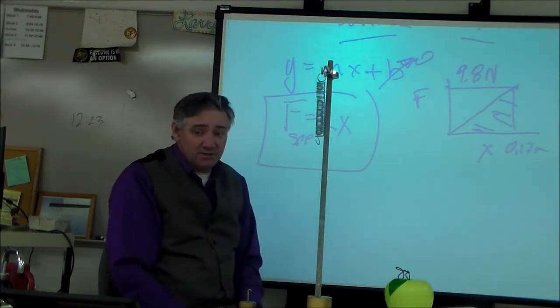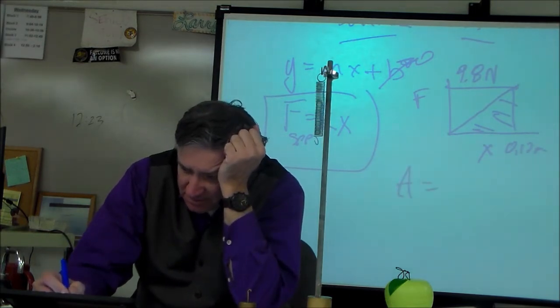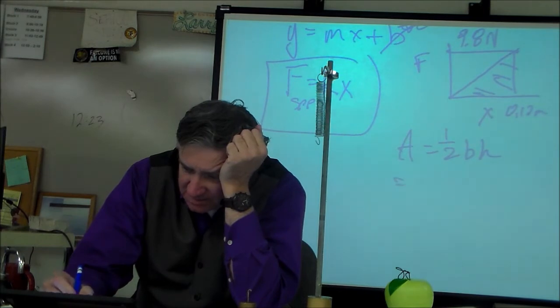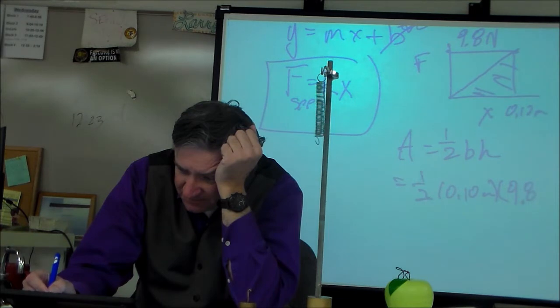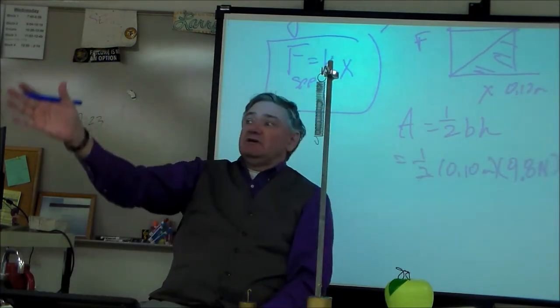Yes. What are you going to do? Area equals 1/2 base times height, right? So that's going to be 1/2 times my base, which is 0.10 meters, times the height of, what? 9.8. 9.8 newtons. Now, what units do we get?